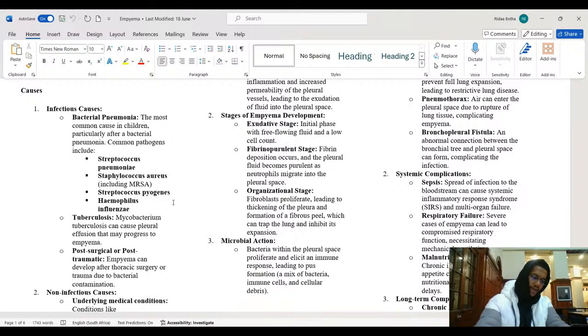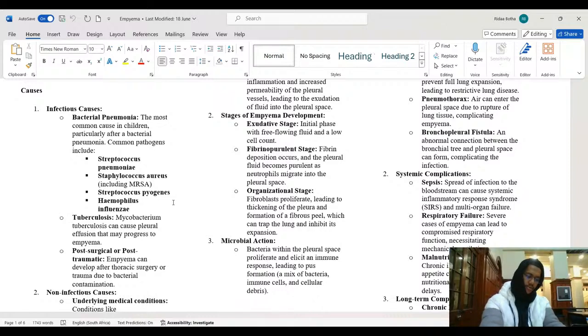You have Streptococcus pneumoniae, Staphylococcus aureus, including MRSA, Streptococcus pyogenes, and Haemophilus influenzae. TB is also quite high on the list for empyema, and then post-surgical or post-traumatic causes.